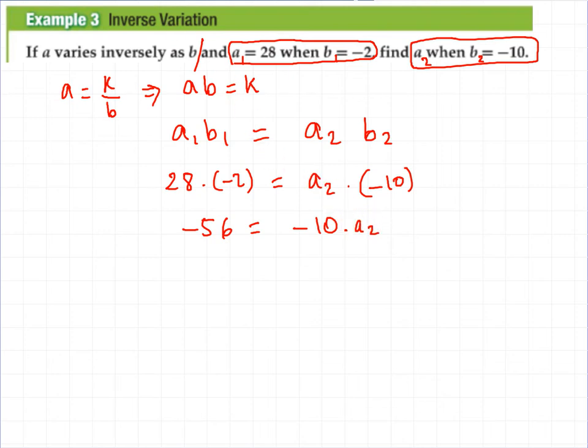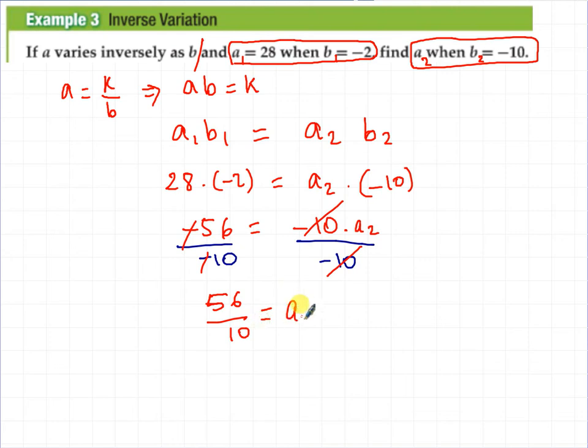We divide by negative 10 on both sides. Those cancel out, and minus with minus also cancel out, and this would be 56 over 10 equal a2. Simplify this by 2, 28 over 5 equals a2. So a2 is equal to 28 over 5.